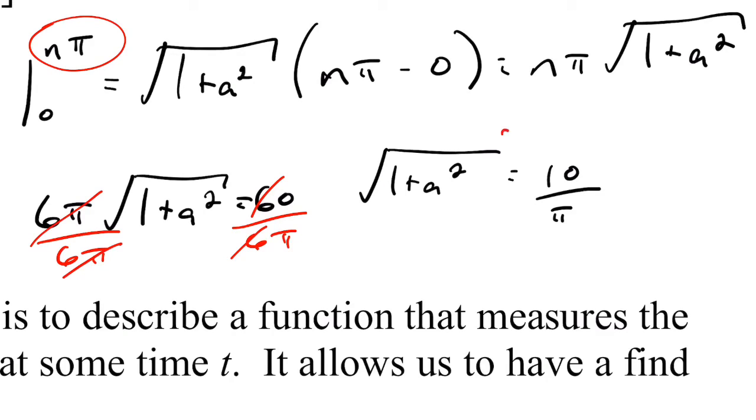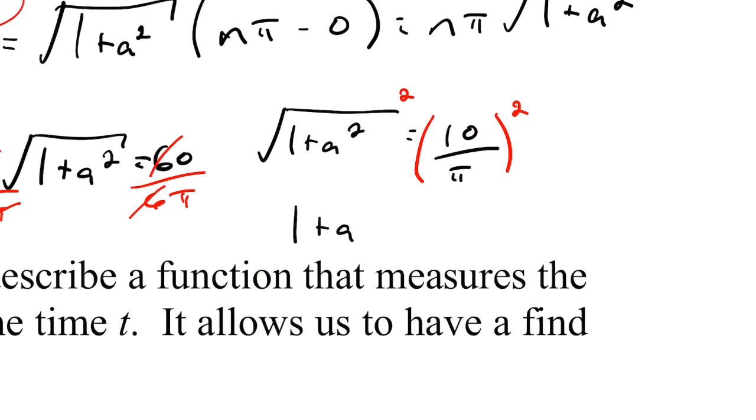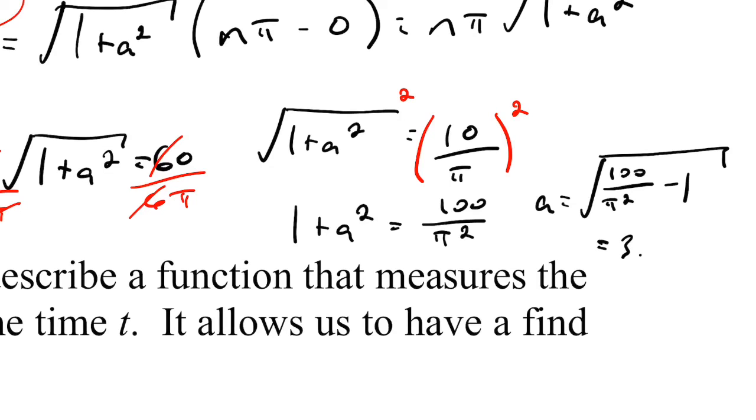We can square both sides. 1 plus a squared is equal to 100 over pi squared. Finally, we can subtract 1 from both sides and then take the square root. That'll give us a is equal to the square root of 100 over pi squared minus 1, and then in the calculator I find that this answer is 3.022.